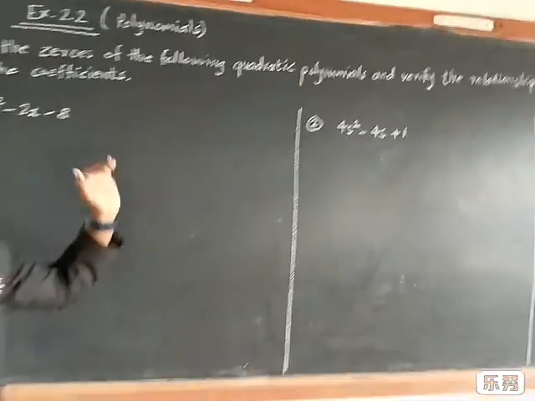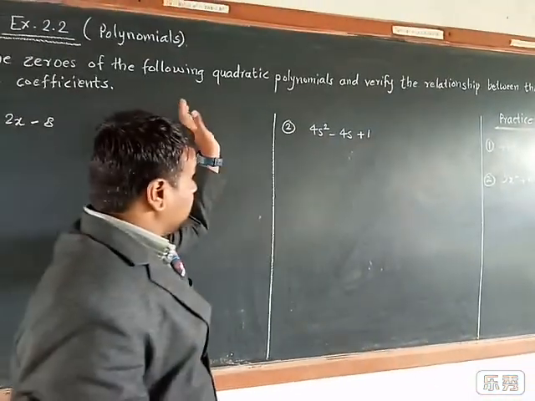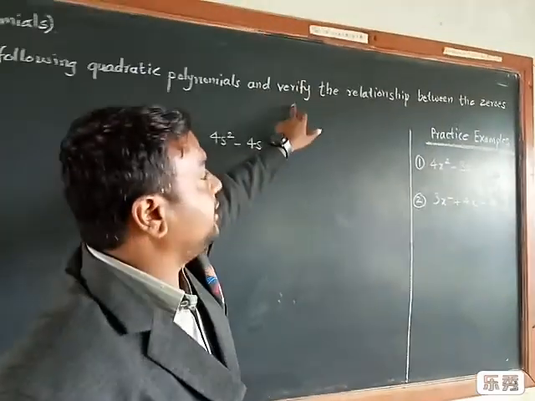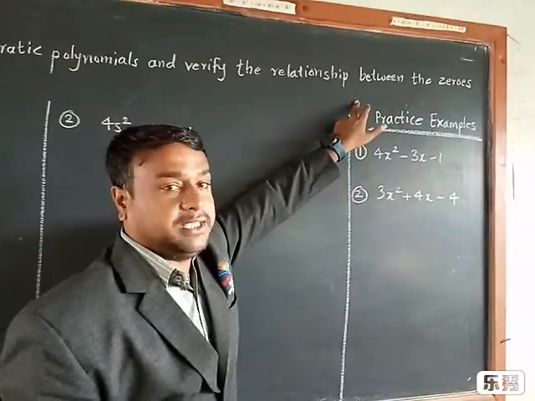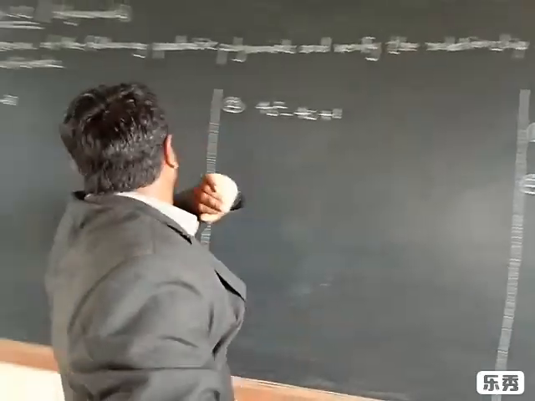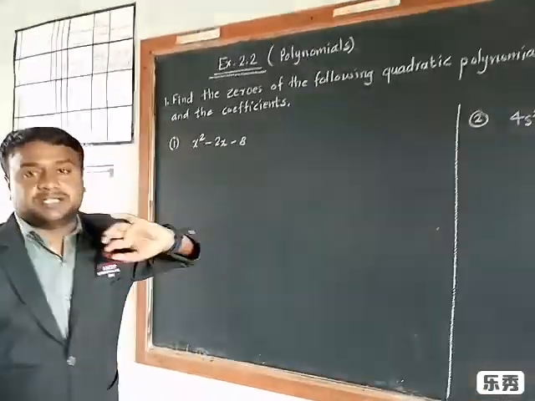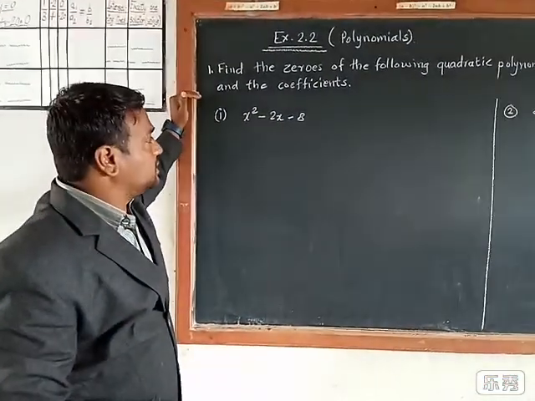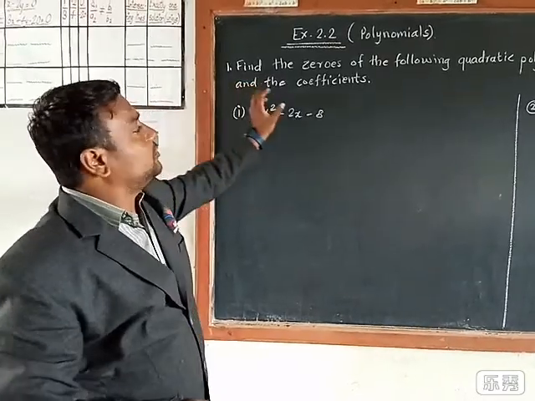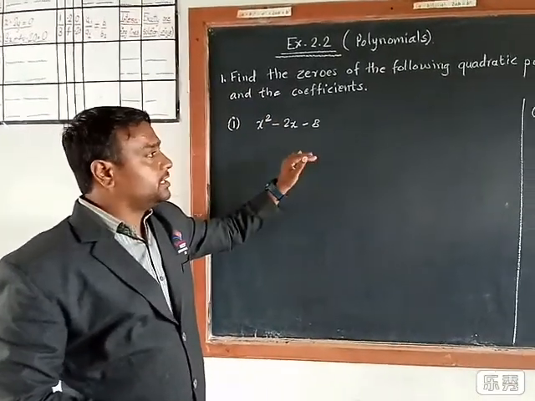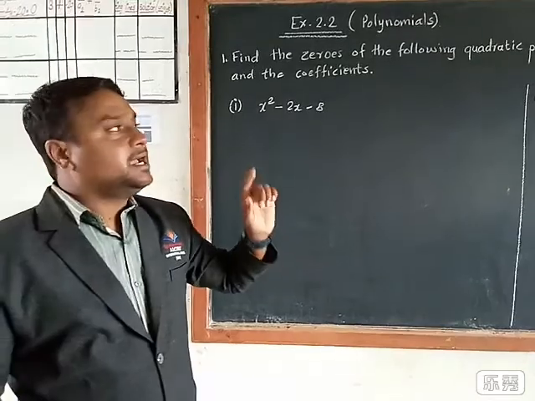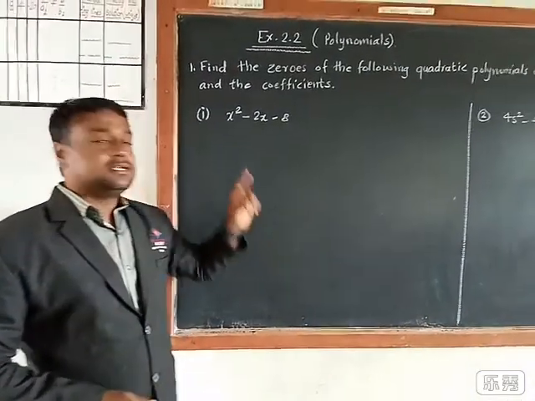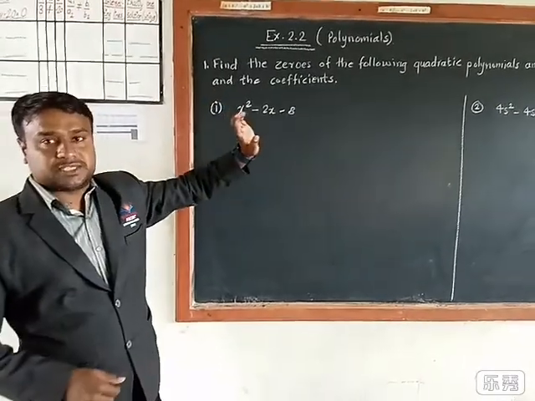First we have to find the zeros, and verify the relationship between the zeros and the coefficients. So in this question, we have to find the zeros of the given quadratic polynomials and also verify the relationship between the zeros and the coefficients.